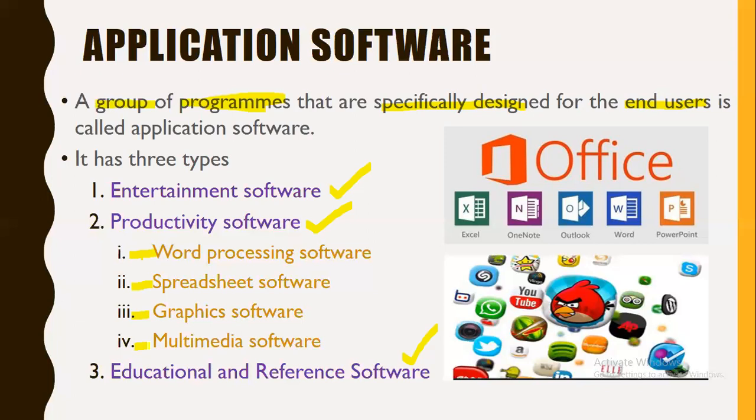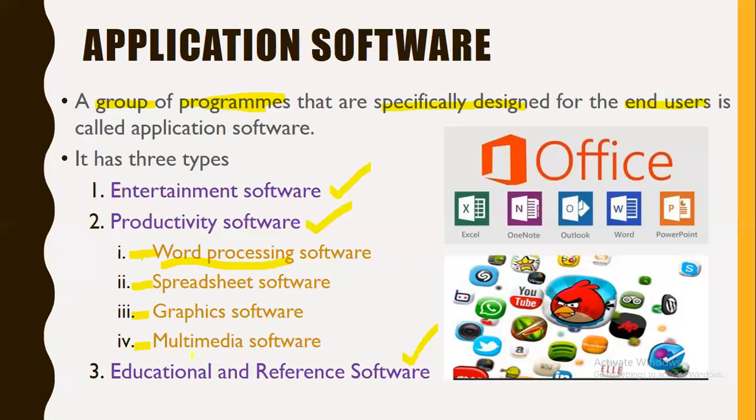In class 7th, we have already studied about the word processing software, and in word processing software, we have learnt the Microsoft Word. Just like Microsoft Word, there are some other softwares also available to perform some tasks, like spreadsheet softwares, multimedia softwares, and graphic software.